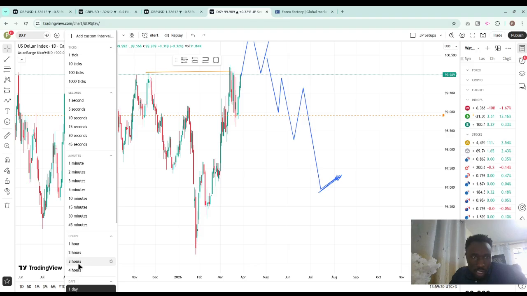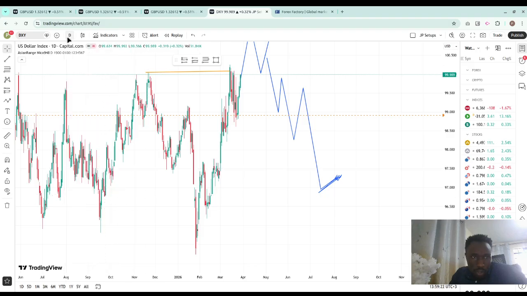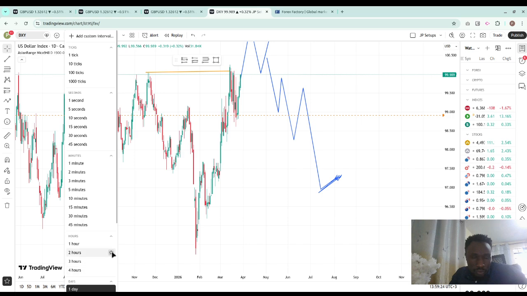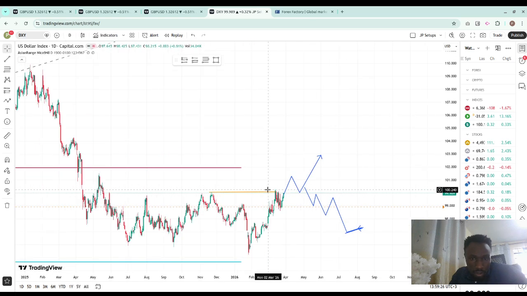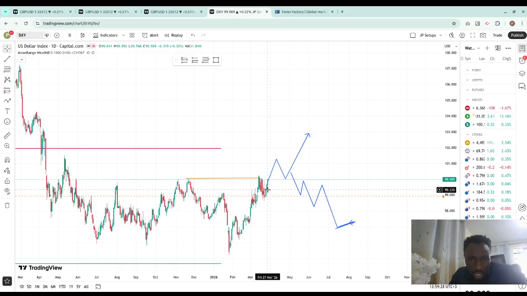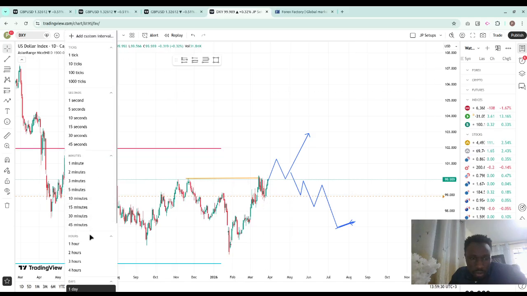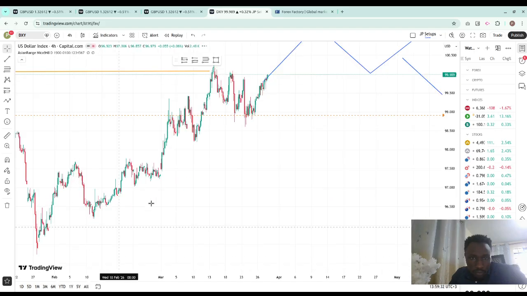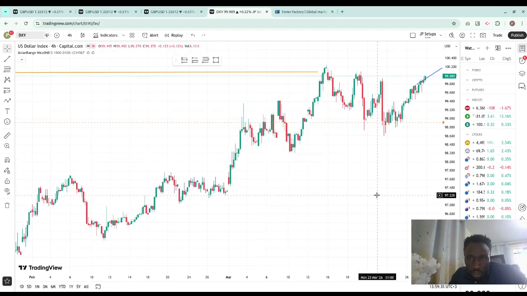So if we come to the 4-hour time frame, but generally the move is on an uptrend. So let's come to the 4-hour.